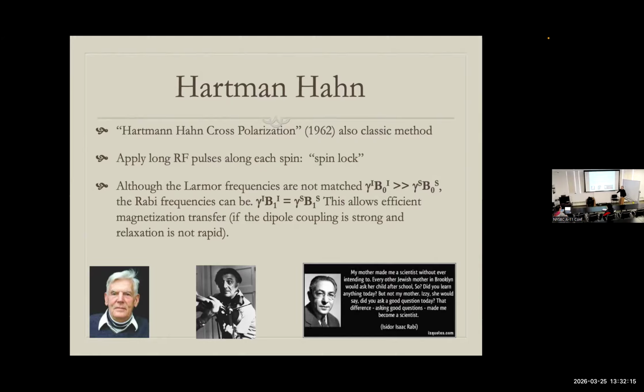He was thinking a lot about these Rabi frequencies. In other words, not the Larmor frequency, but the precession, or the movement from Z to minus Z and back up. Would these frequencies be an opportunity to move magnetization between unlike spins? You have a carbon and a hydrogen, and they can never match their Larmor frequencies.